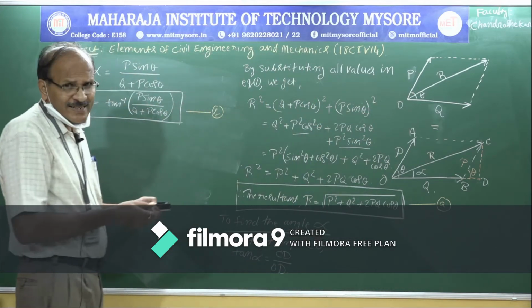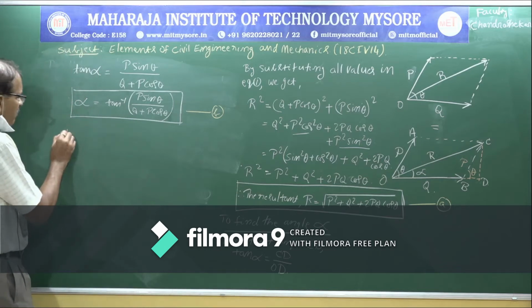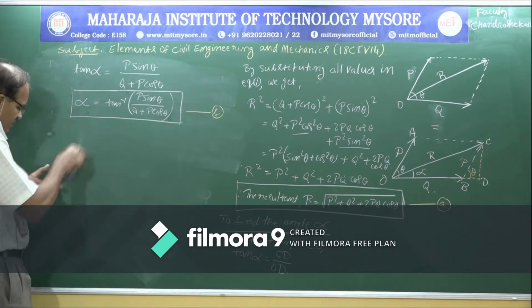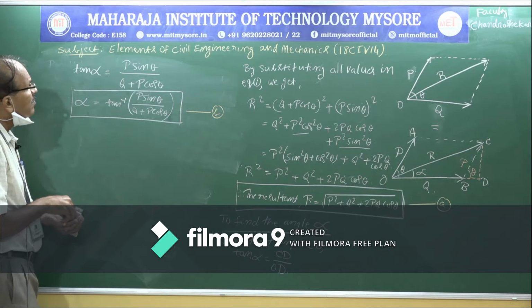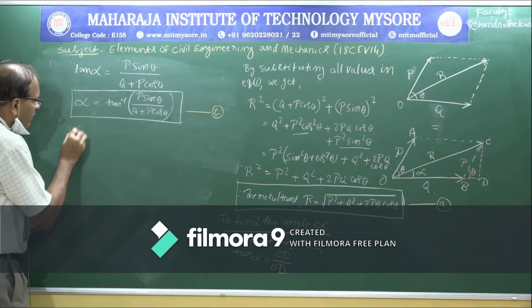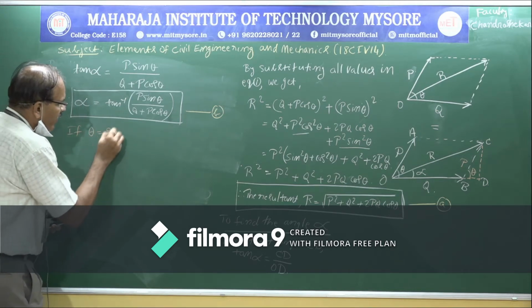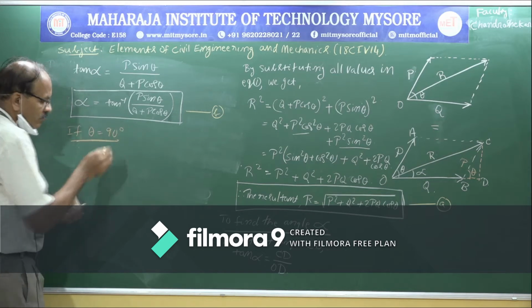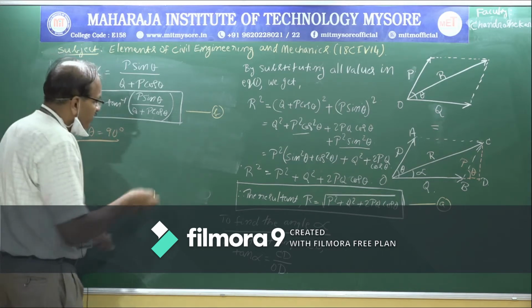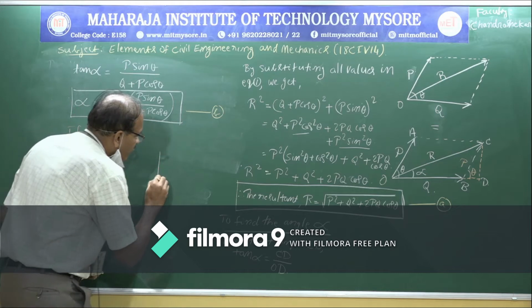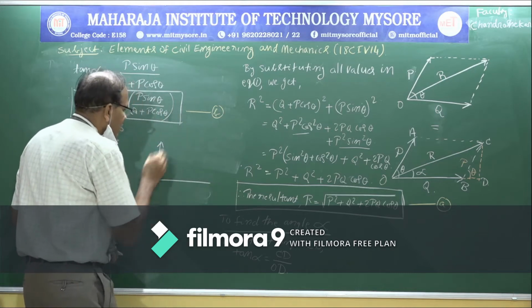Then this becomes a rectangle. So if theta equal to 90 degree, then this is going to be a rectangle.